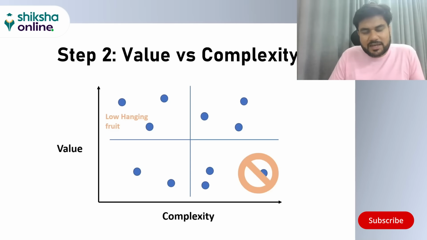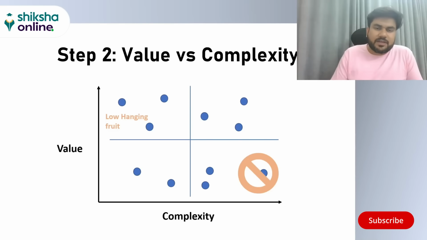From this we analyze that the features which are very complex to implement and deliver very little value are definitely a no for us to proceed with. This can be seen in the lower right section of the graph, wherein the complexity is very high but the value is very low.